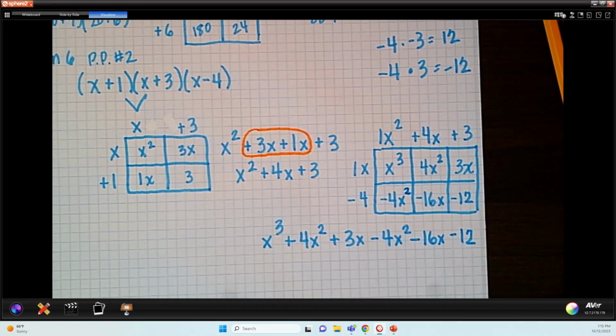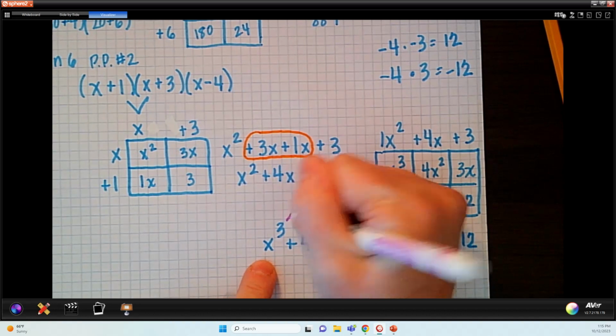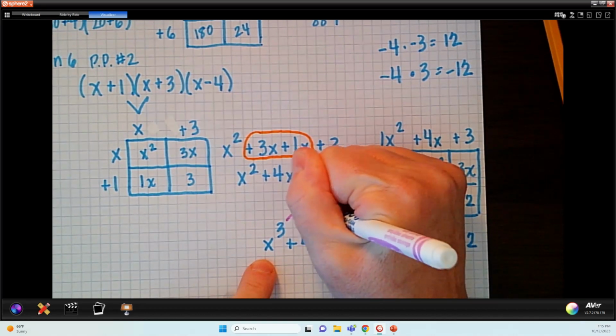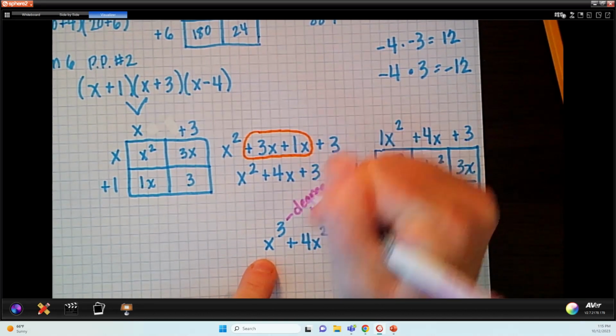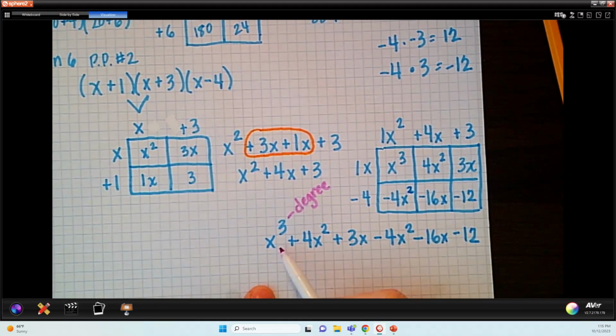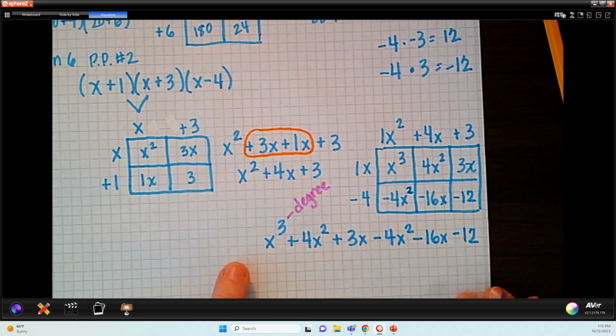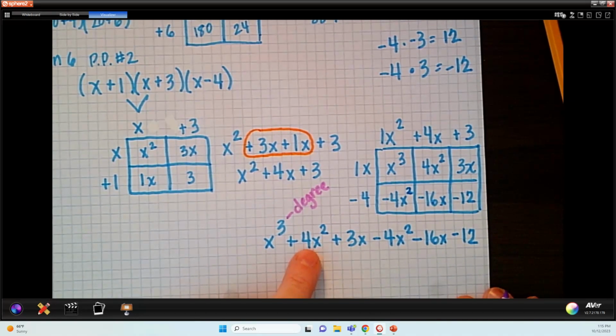Let's organize. We're going to combine like terms. So I always used to teach my 8th graders to use colors. I love colors, so I'm going to go through and look for like terms. So I only have 1x to the third power. That is my degree. So when I'm thinking about my graph, I know it's going to be up, down, up, or down, up, down. Now this is positive, so it's going to be in a positive direction. Okay, now let's look for our like terms.